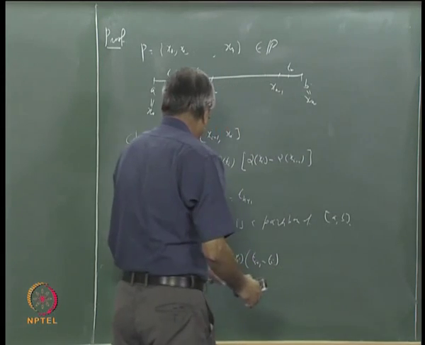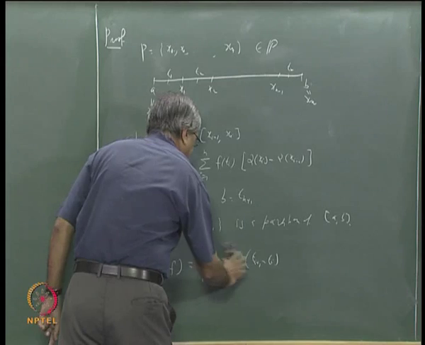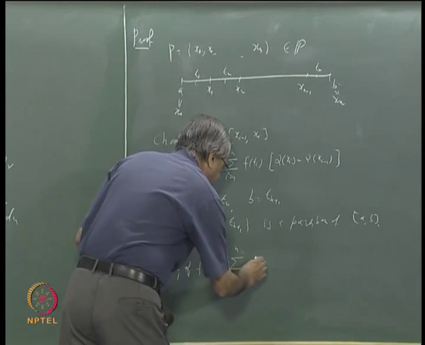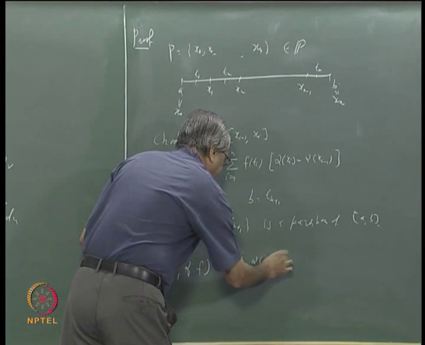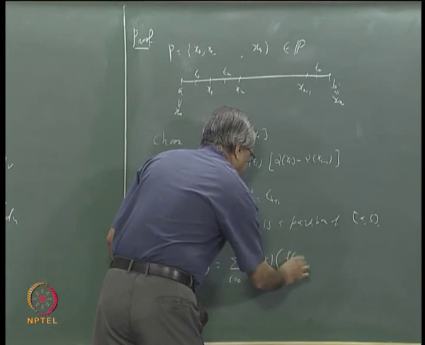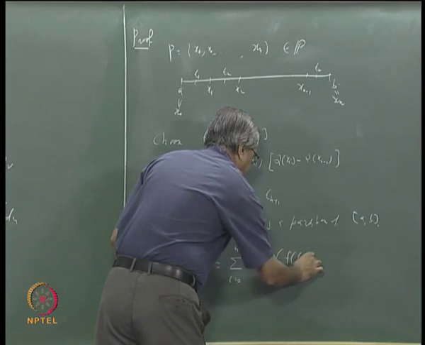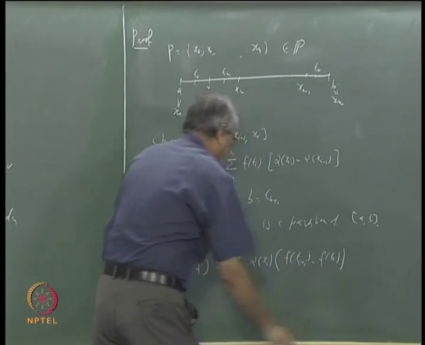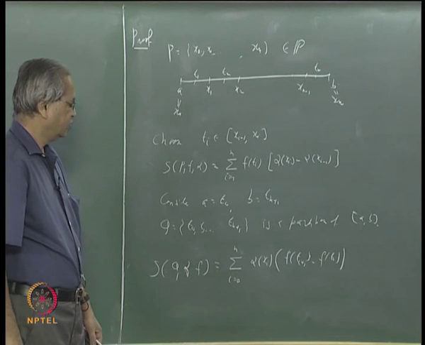Oh, not T(i+1) minus Ti, it should be the other way, because we want alpha f. So alpha xi into f at T(i+1) minus f at Ti, okay.